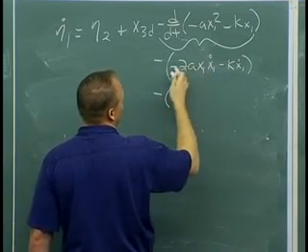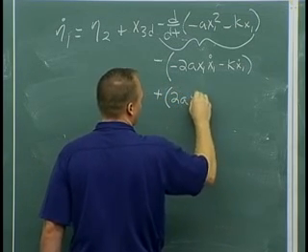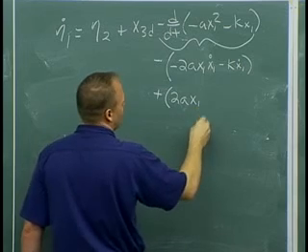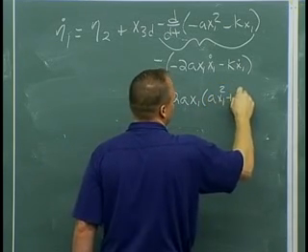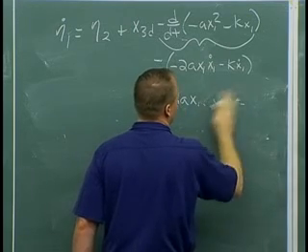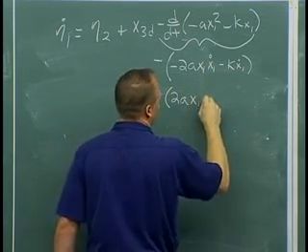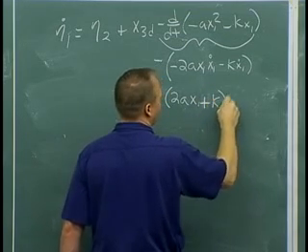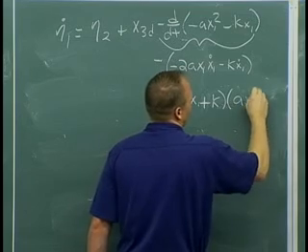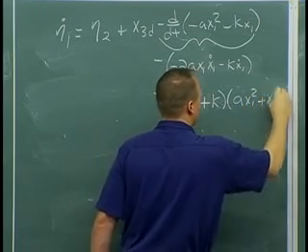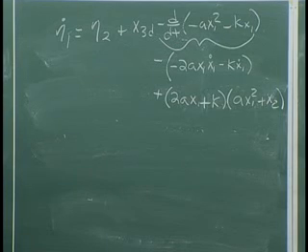All right, now I'm going to just go ahead and pull the negatives out, which is plus 2a x1, and x1 dot was equal to a x1 squared plus x2. Oh, wait. 2a x1 plus k all times x1 dot, which is a x1 squared plus x2. Okay, that was just algebra.